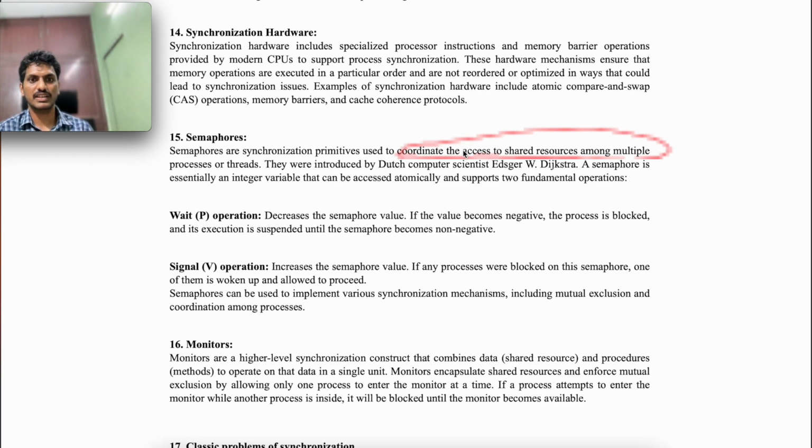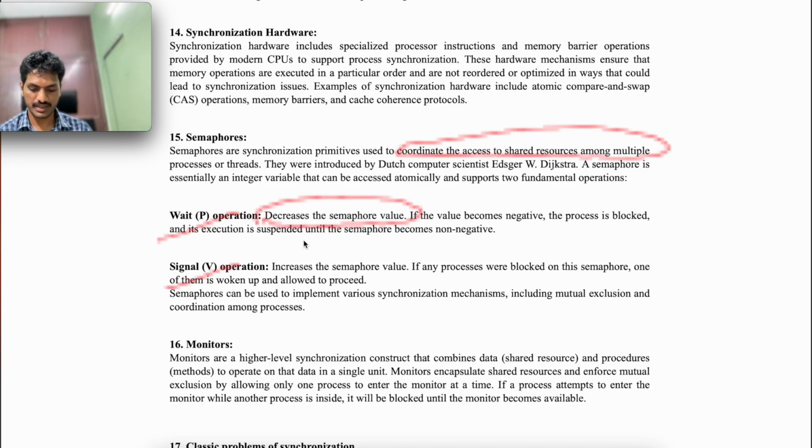Here, coordination is required for the processes and threads in the system. That's why we use semaphores. It has two states, wait state and signal state. In the wait state, it decreases the value of the semaphore.